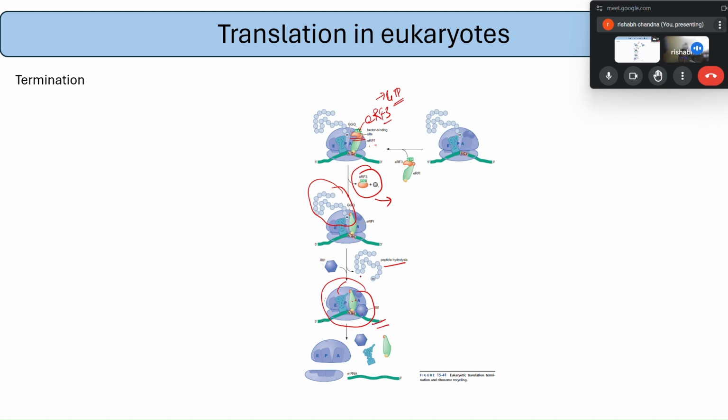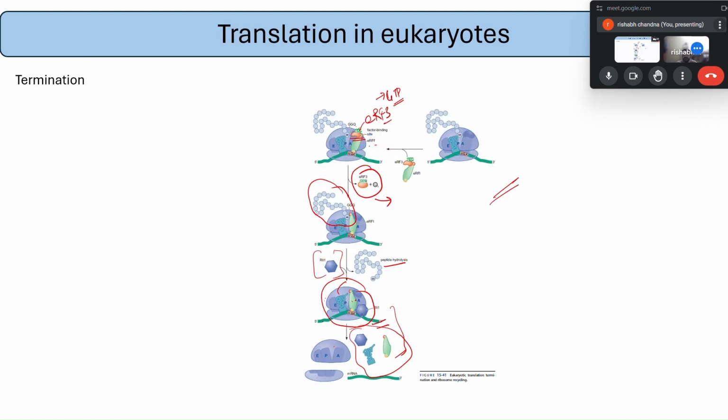So this RLI1 protein helps in the release of this complex of the mRNA, the ribosome subunits, and all the proteins associated with it. So this leads to the termination of translation in eukaryotes. So now, this leads to the end of the translation process.